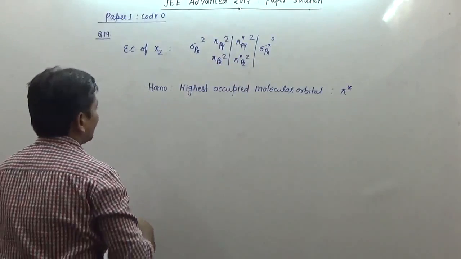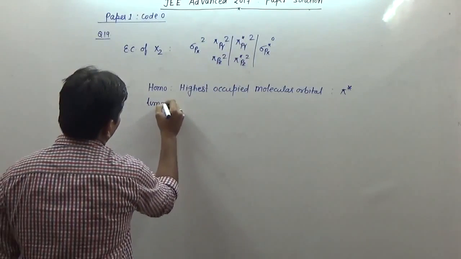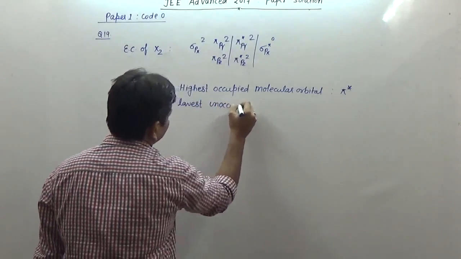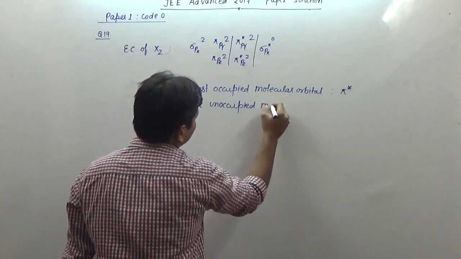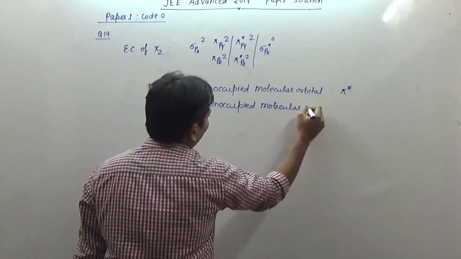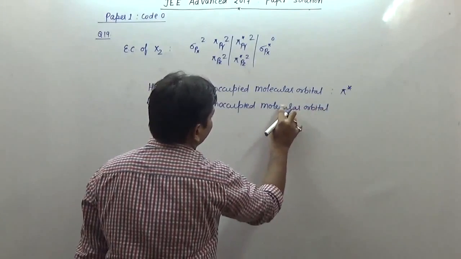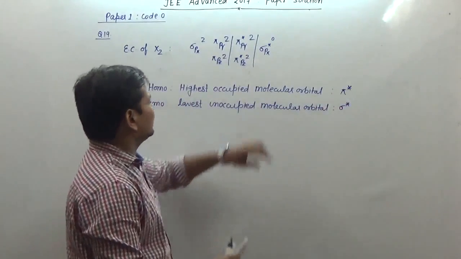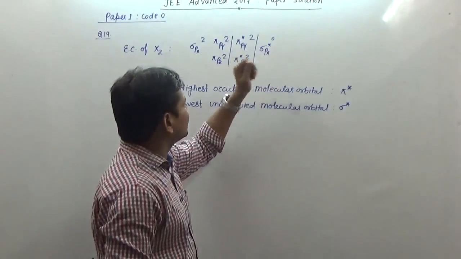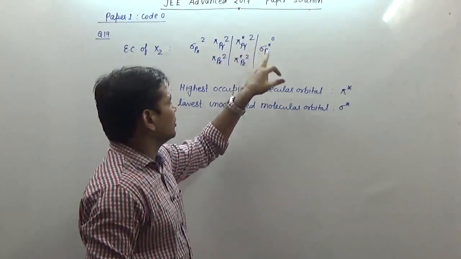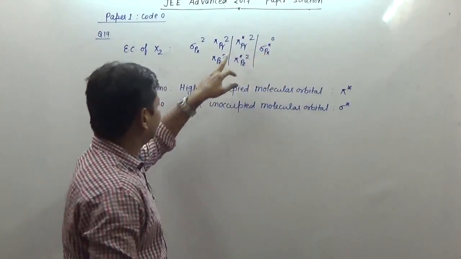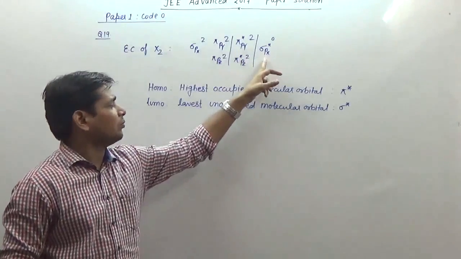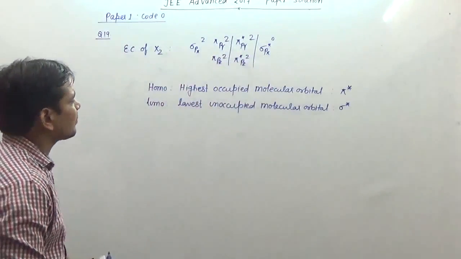And LUMO is the lowest unoccupied molecular orbital. The lowest energy orbital that is unoccupied is sigma px star. So this is LUMO, and this is HOMO. This is the highest occupied molecular orbital and this is the lowest unoccupied molecular orbital in X2, in halogens.